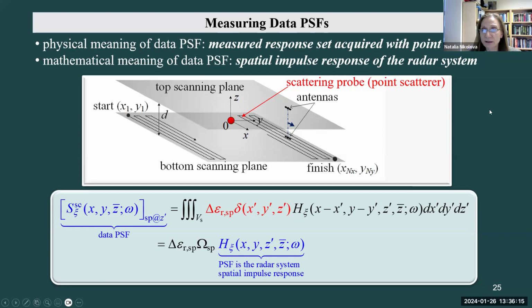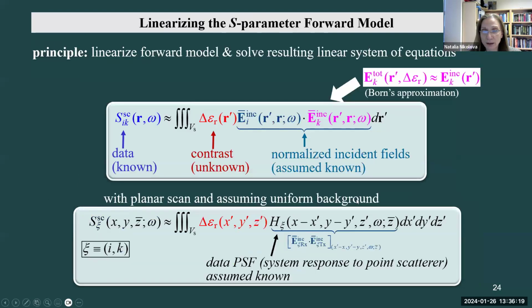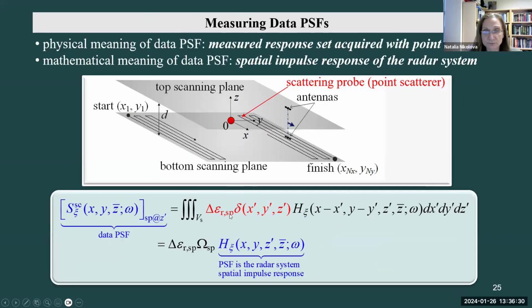You can easily understand both of these bullet points by examining this equation and assuming that your scatterer is just a delta function of space. Due to the sampling property of this delta function distribution, immediately you see that what you will measure is indeed proportional to the point spread function of your system.